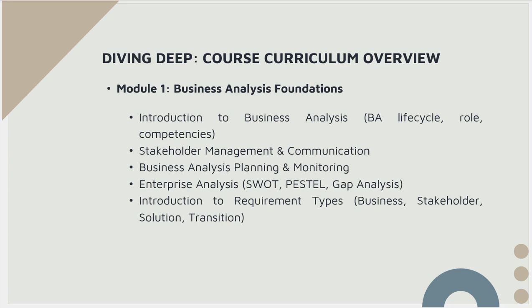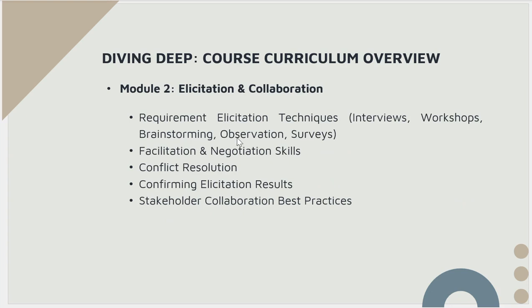Then the requirement types: business, stakeholder, transition, and solution. I'll give a detailed description of that part, which is also in the first module, the business analyst foundation. And then we will move to the next module, elicitation and collaboration.